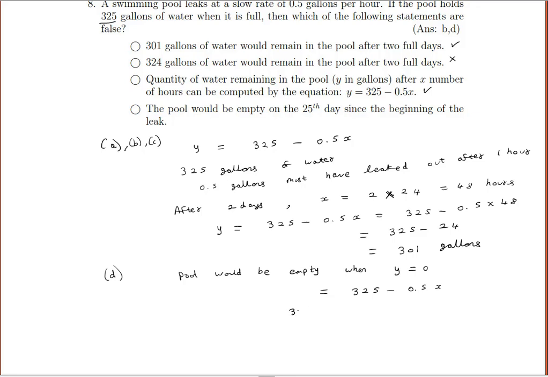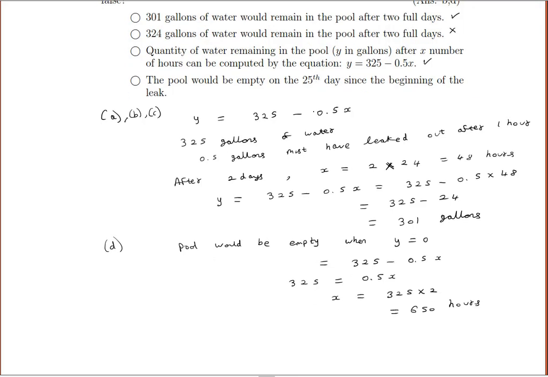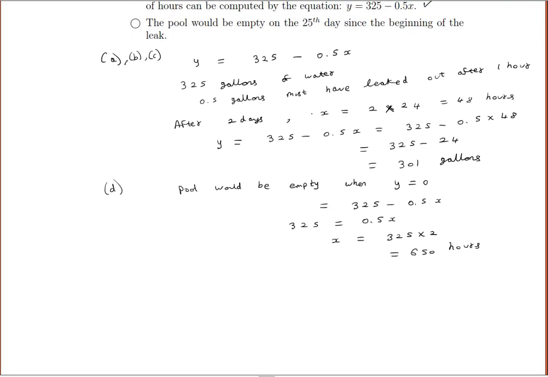So 325 equals 0.5x. So x is 325 times 2, which is 650 hours. In the question, option D talks about the number of days, the 25th day, so we'll convert this into days. That is 650 by 24, which will give us the number of days.